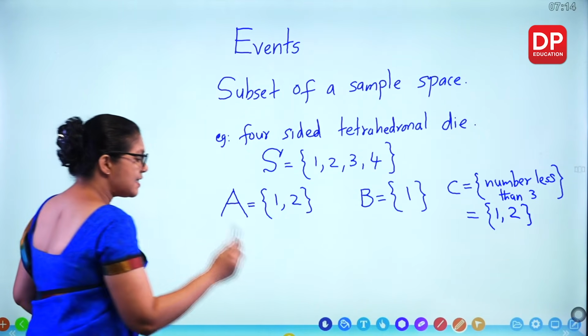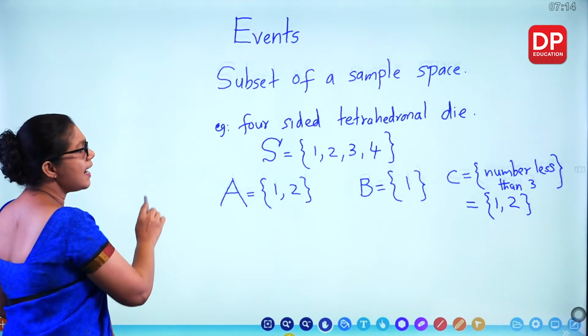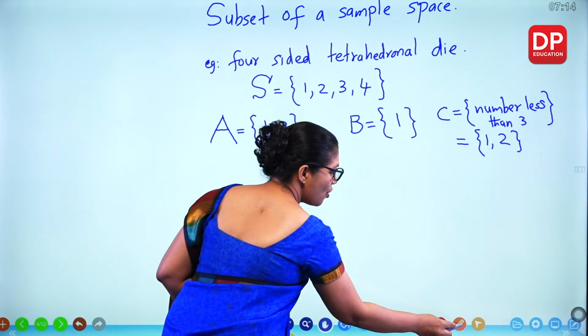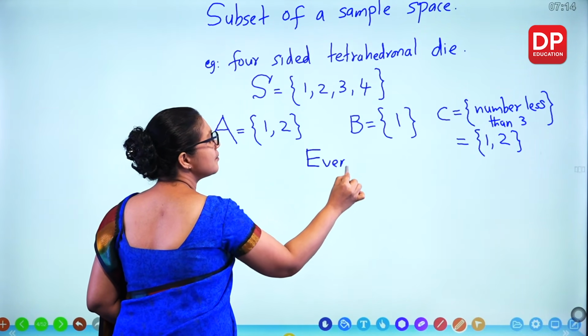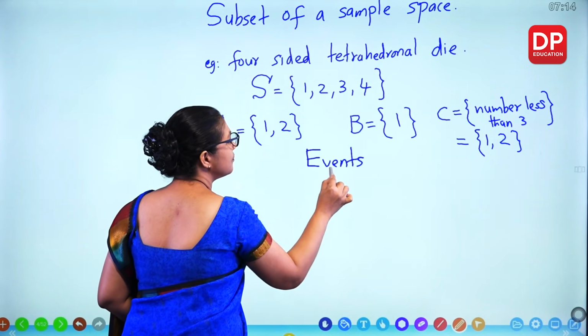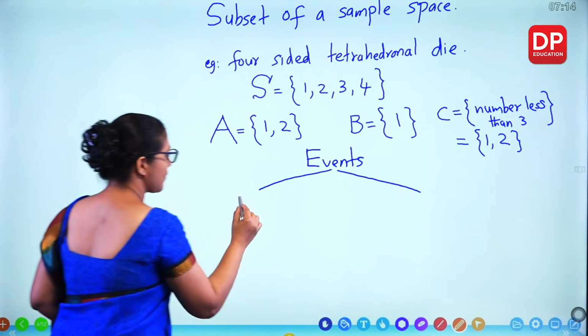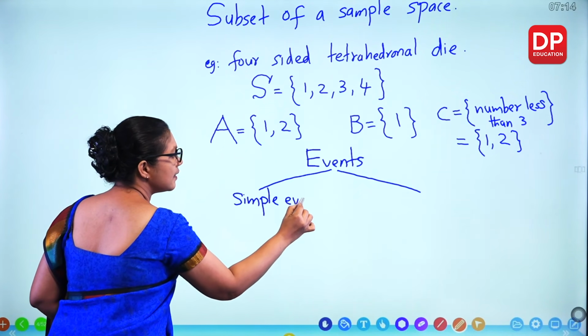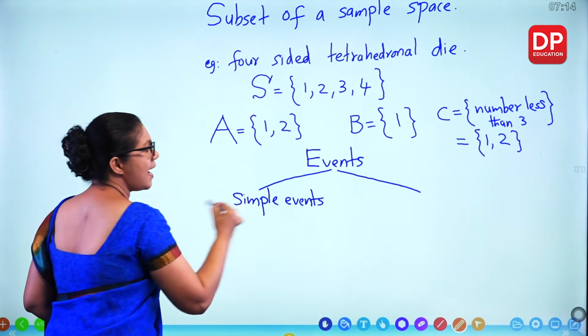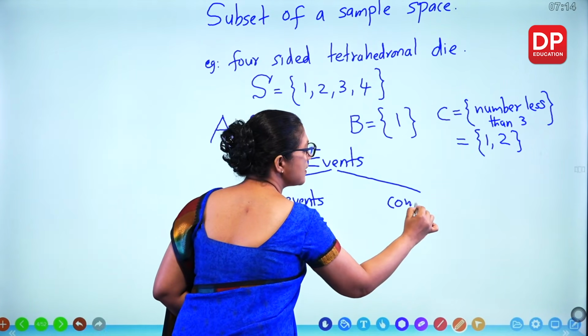Now we can divide any event into 2 parts: simple events and composite events.